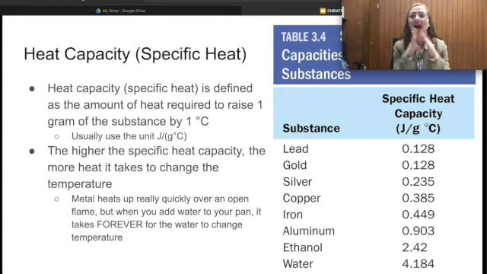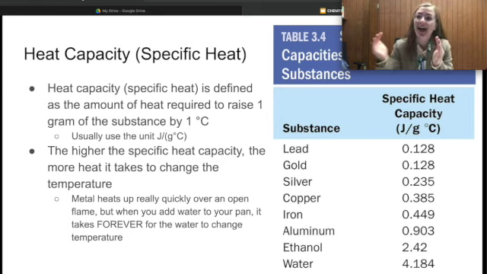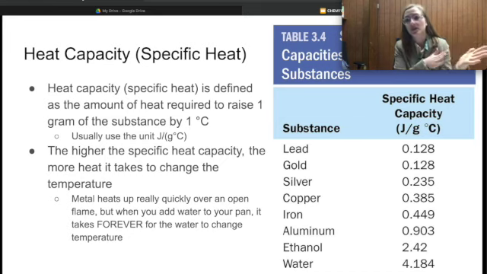So if we have a high specific heat, it takes a lot of energy to heat up our 1 gram by 1 degree. But if we have a low specific heat, we don't have to put in much energy to do that same process. So the higher the specific heat capacity, the more heat it takes to change the temperature.